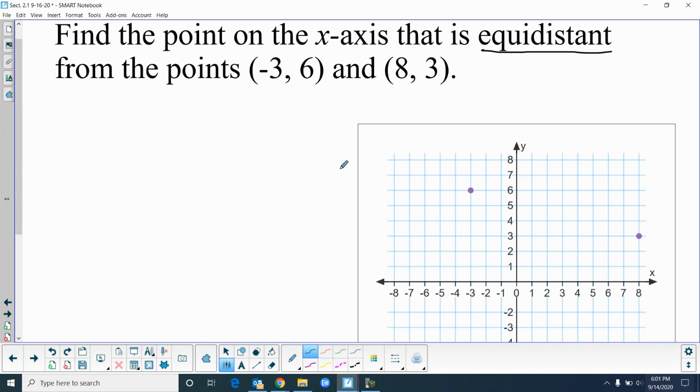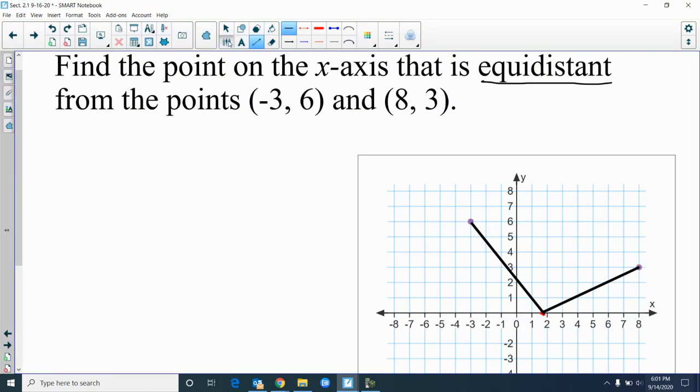All right, if it's on the x-axis, it has to be somewhere on here. I want it to be the same distance from those 2 points. Well, I'm just going to give a rough estimate, and hopefully it makes sense that this distance here and this distance we need to find are the same.